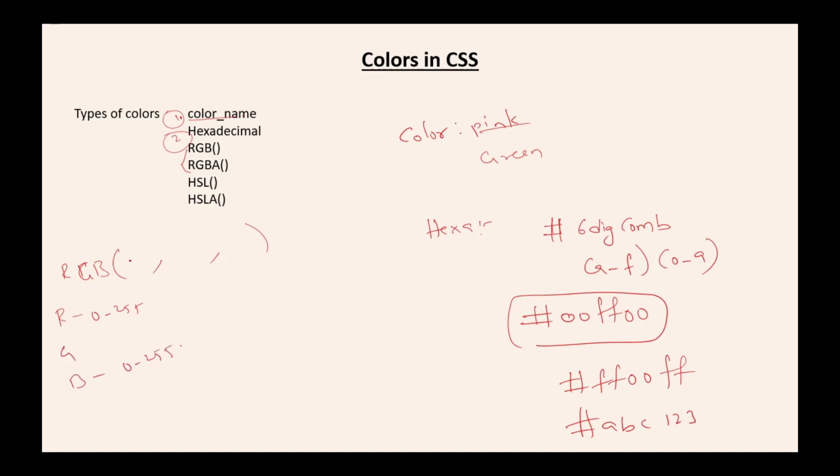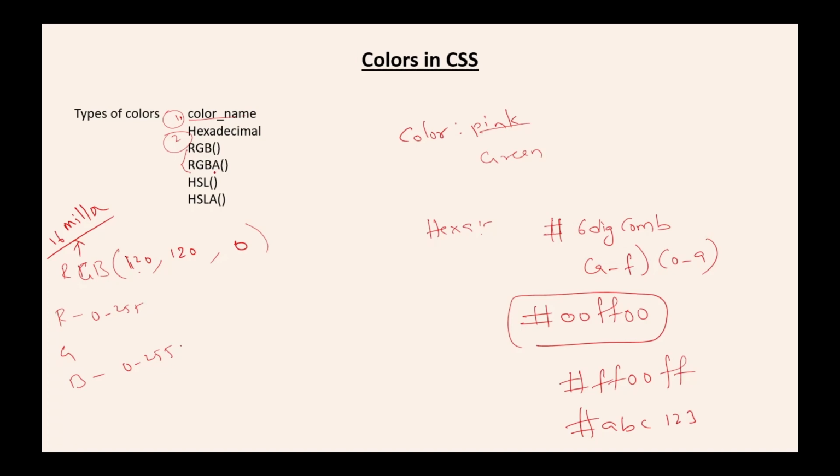Based on these values, suppose it is 120, 120, 0, it is a combination of red and green, and we will get one color. In total, the RGB format gives us 16 million colors.